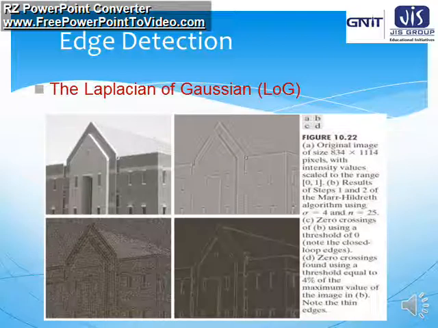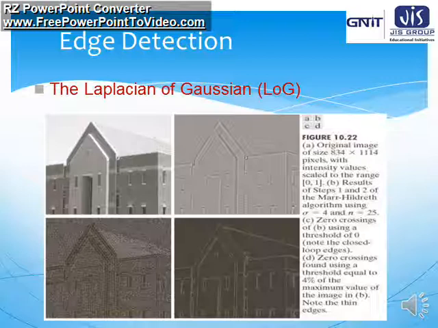whose output image we can easily see. So here we have 4 images. The first one is the original image, which has a size of 834 multiplied by 1114 pixels with intensity values scaled to the range 0 to 1. The next image is the result of steps 1 and 2 of this type of algorithm, which is known as the Marr-Hildreth algorithm, with some specifications such as n equals 25 and sigma equals 4.